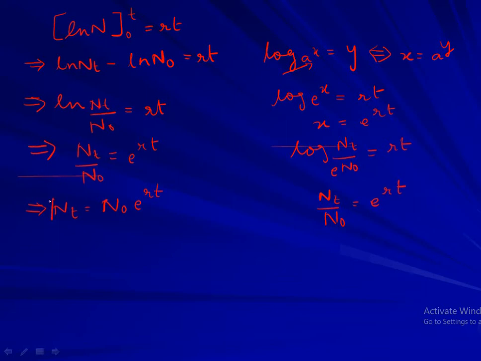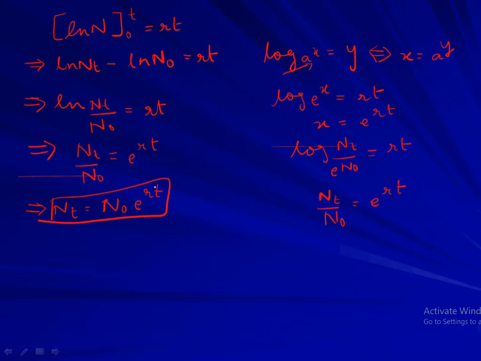So this is the exponential equation, that is, the population density at any time t is equal to the population density at the initial time t = 0 into e raised to rt. Understood?